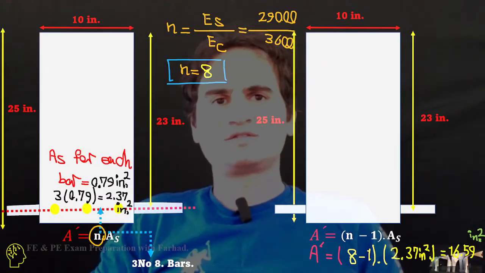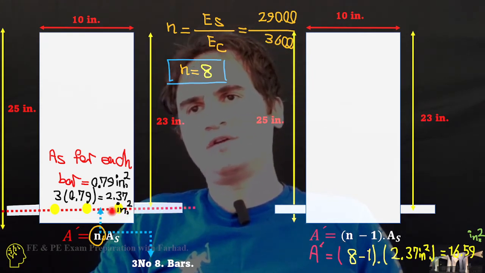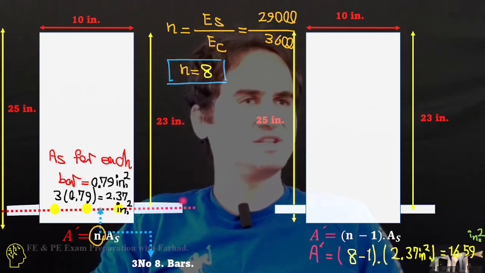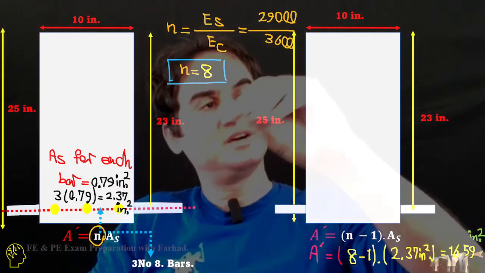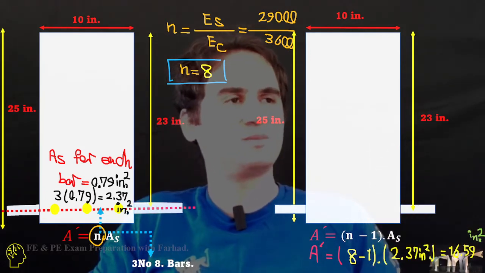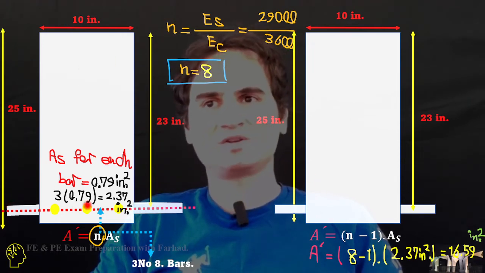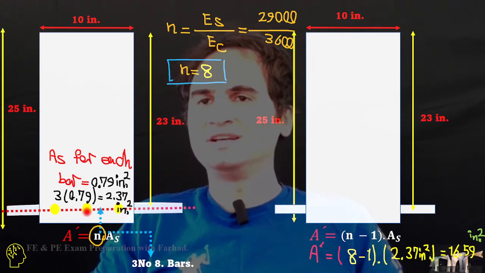but we have to subtract one of those from the whole cross section. We have to take those rebars out of the concrete, which leaves a hole, so we subtract one n because of the effect of these three elements.